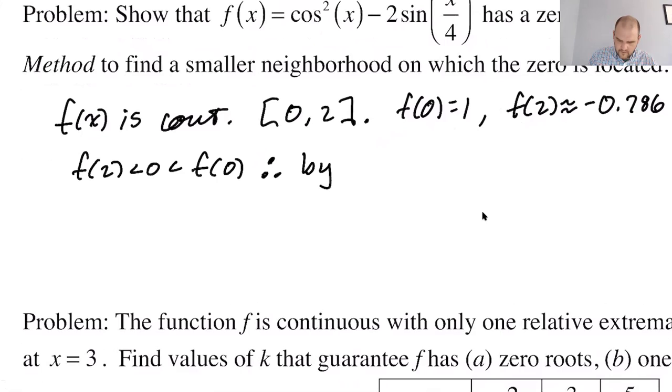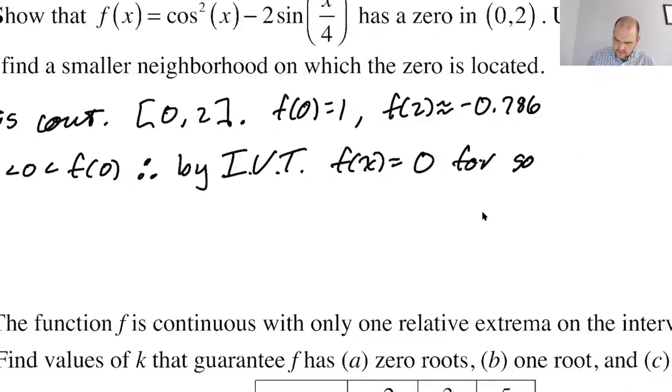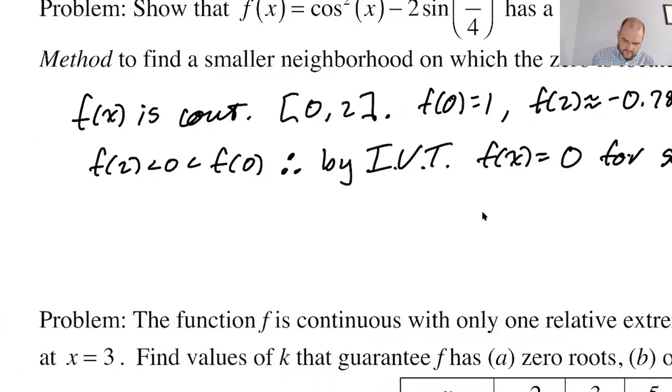Therefore, by IVT, f of x equals 0 for some x, we don't know what x, some x in the interval (0, 2). I could have written 0 less than x less than 2. They're both totally valid. It's up to you.